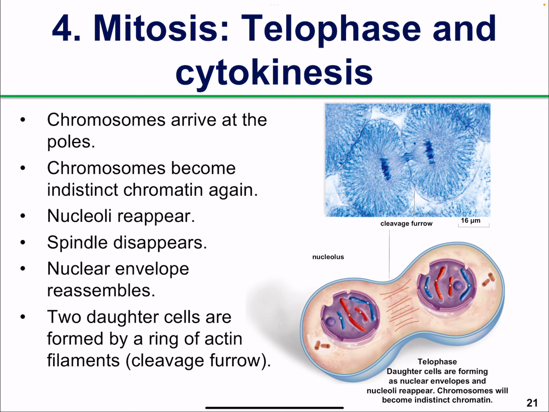And now we go into telophase and cytokinesis. In telophase and cytokinesis, two things happen. One, the actin filaments are going to keep forming that cleavage furrow that actually brings the cells more and more apart.